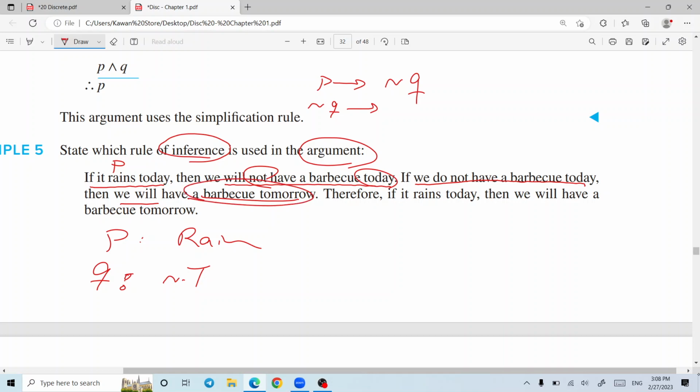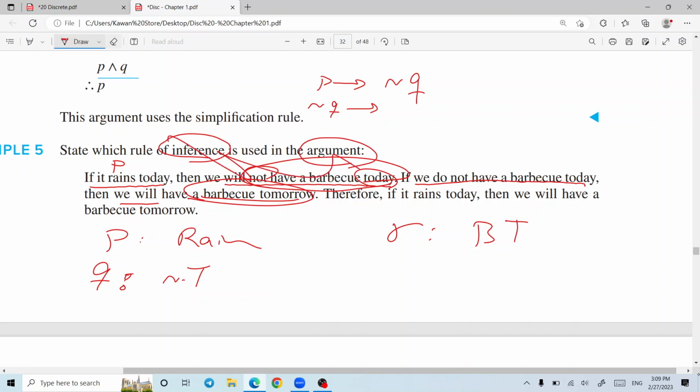Barbecue tomorrow, another one. Understood? You got it? Good. So there is no negation of Q, because there is no relation: not today is not equal to tomorrow. Not today could be tomorrow, the day after tomorrow. Did you understand? That's why it's tricky.